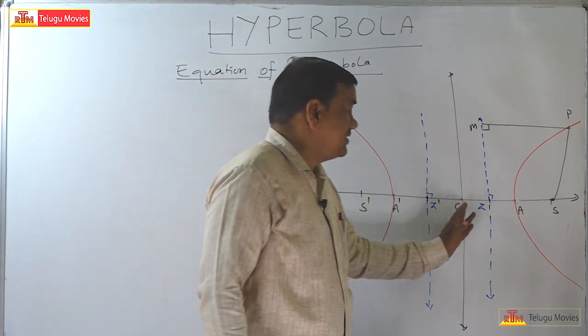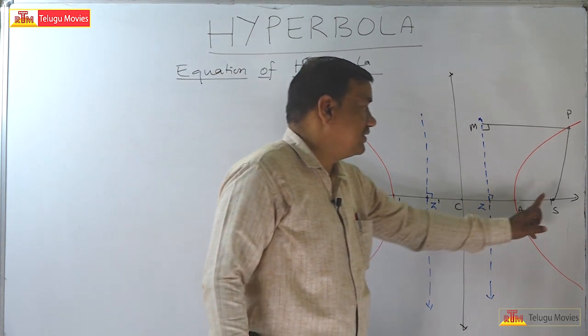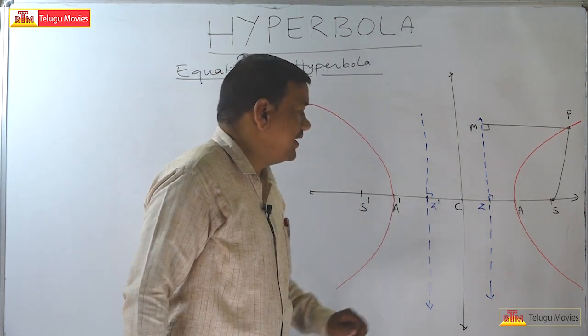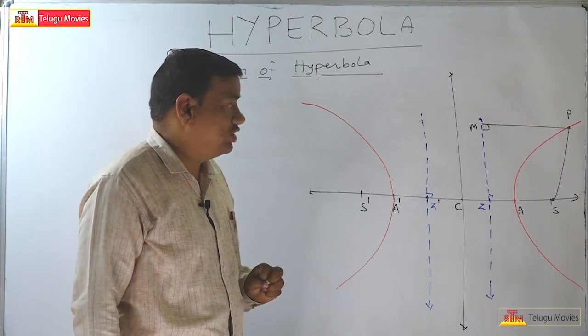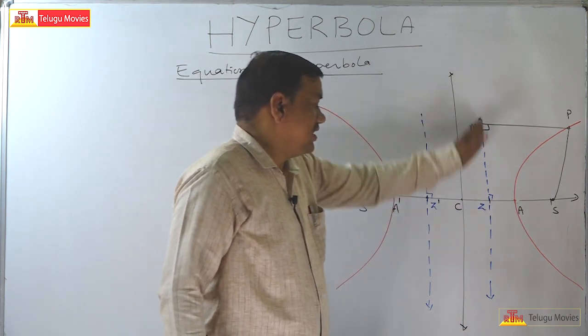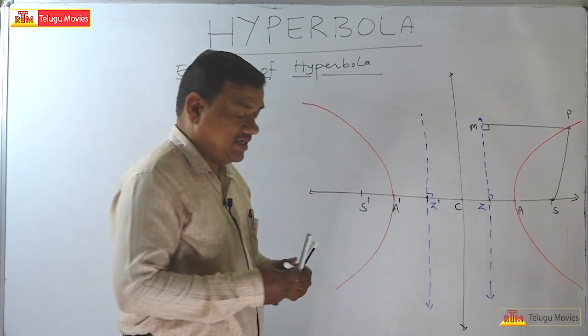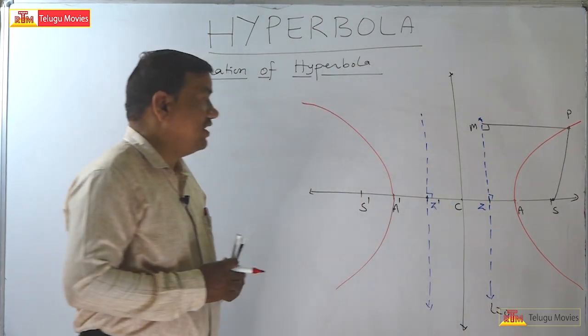Let C be the center of the hyperbola. Let S and S dash be the two fixed points, and the line Z, that is L = 0, is a fixed line.